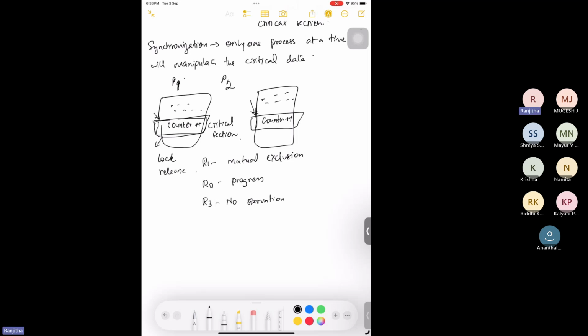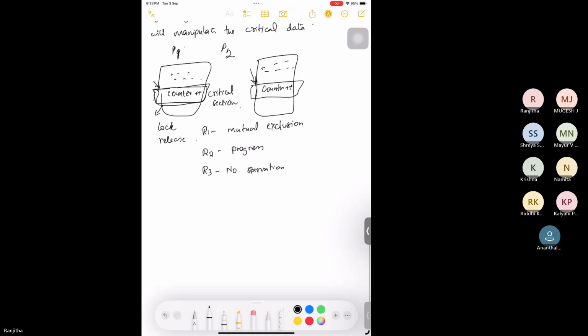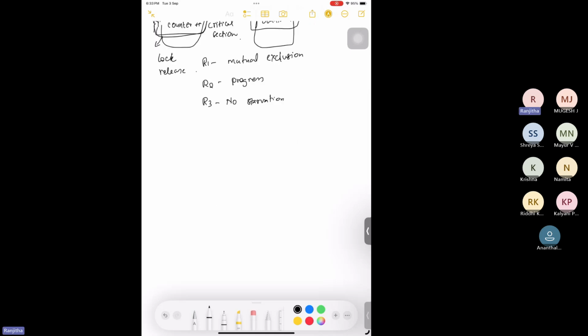In simple terms, as I told you, by synchronization what we mean is locking and unlocking. How this lock is done, we will come to it. So lock and unlock.